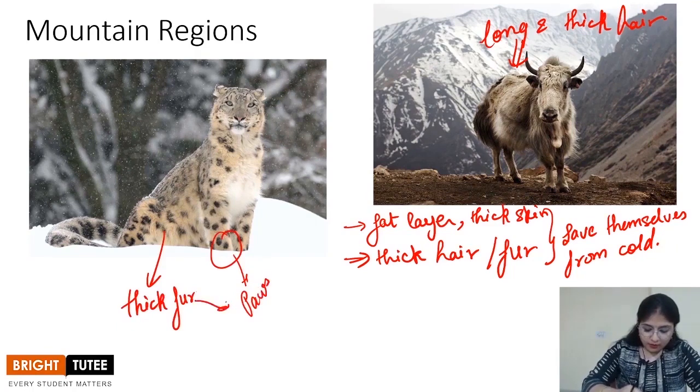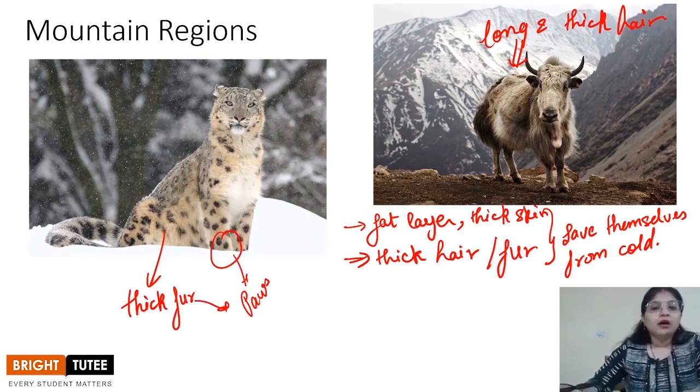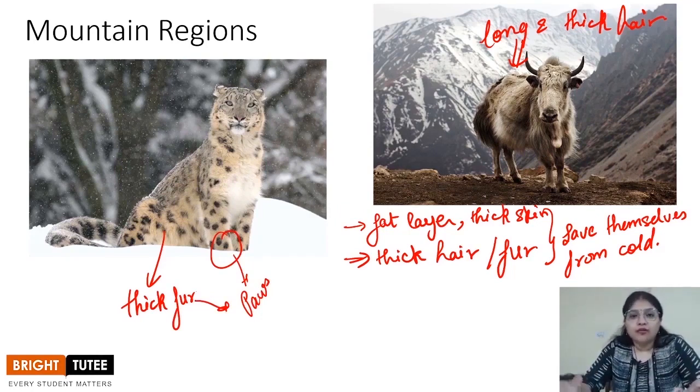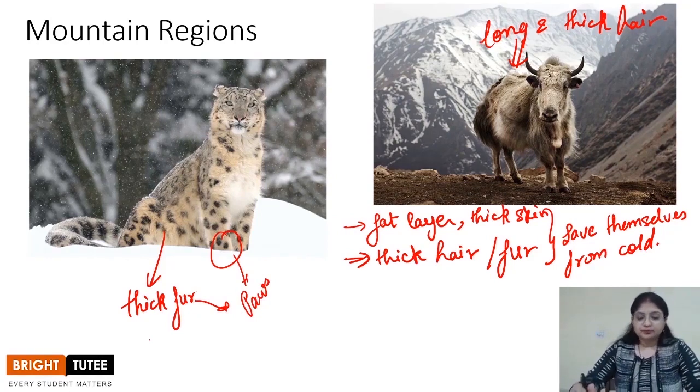So we see thick fur also on its paws so that it is able to walk on this snow easily, without its paws getting frozen, right? So in this way, these animals protect themselves from the cold environment and keep themselves warm, right?